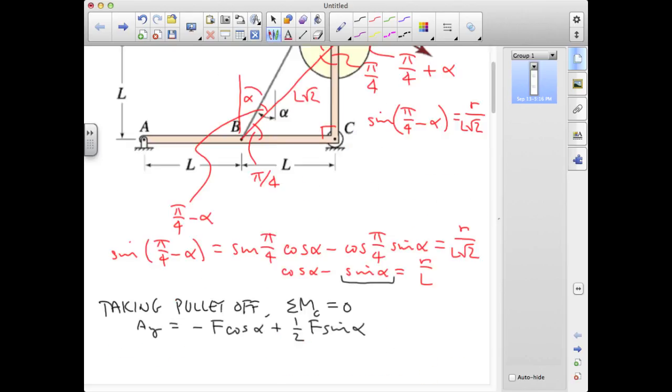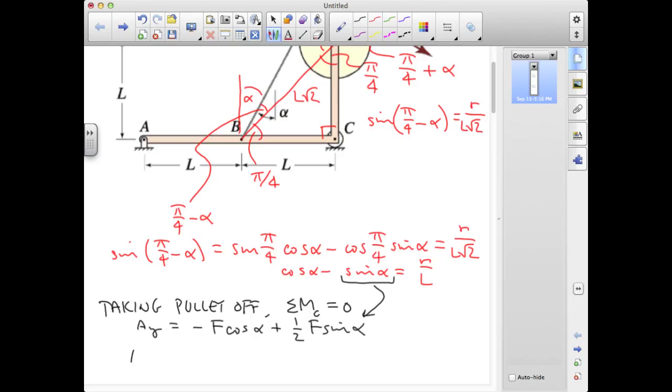Having established this geometric relationship, we can write sine alpha as cosine alpha minus r over L, and substitute this into the expression we obtained when we took moments about C with the free body diagram having the pulley removed from the L-shaped bracket.